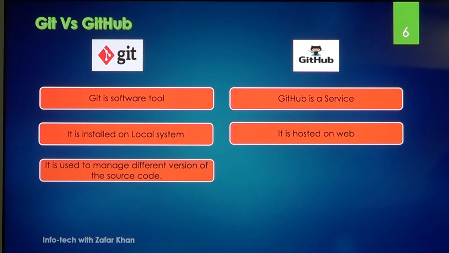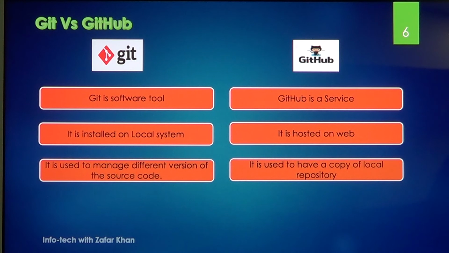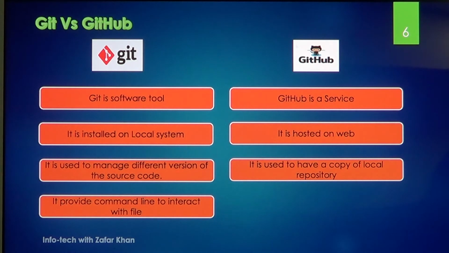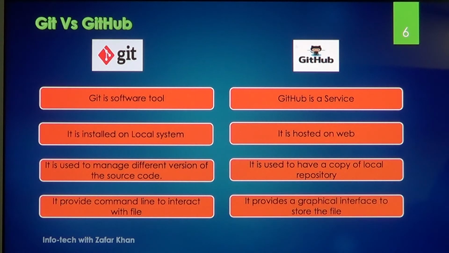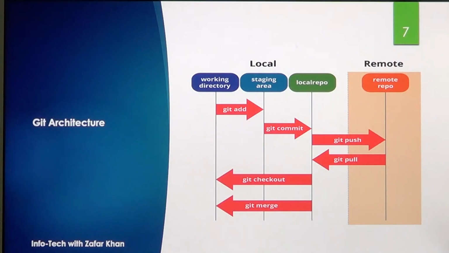Git is used to manage different versions of the source code, while GitHub is used to have a copy of the local repository. Git provides a command line to interact with files, and GitHub provides a graphical interface to store the files.